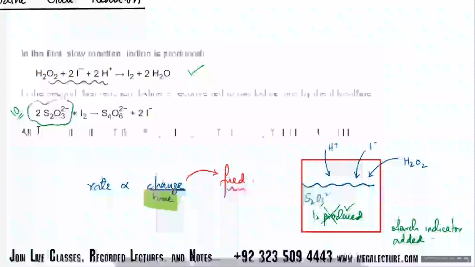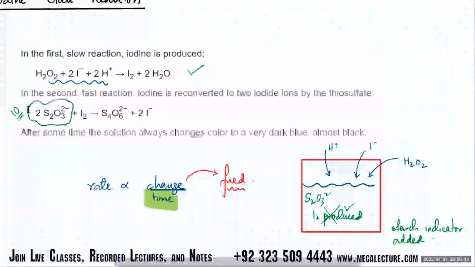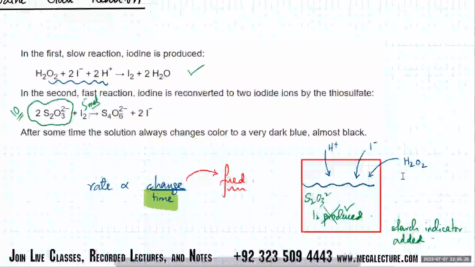But after a few seconds, the thiosulfate is going to get used up, because it's going to react with the iodine. It depends on how much you're adding, right? Let's say you added 10 moles of thiosulfate. The initial 5 moles of iodine that are going to get produced according to the ratio are not going to do anything with starch.